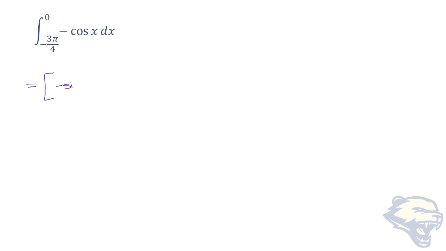So just negative sine of x from negative 3 pi over 4 to 0. Then we're going to have negative sine of 0 minus negative sine of negative 3 pi over 4. First of all, I have a minus and negative there in the middle, so I can make those positive.